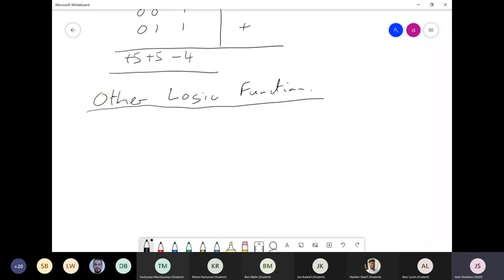Well, it turns out that the exclusive OR is the only 2-input logic function that needs a multi-layer perceptron. All the other logic functions can be separated by a single neuron, because the other functions, apart from XOR and its complement, which is XNOR, are all linearly separable.